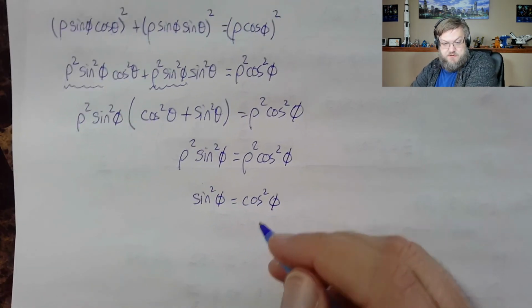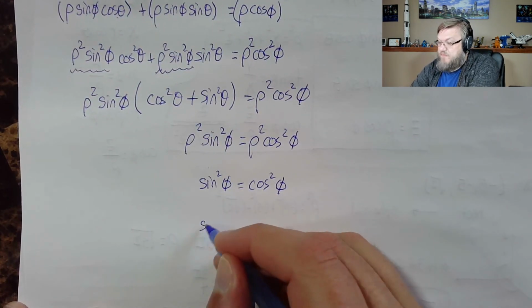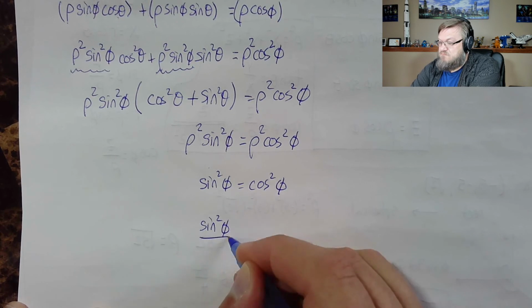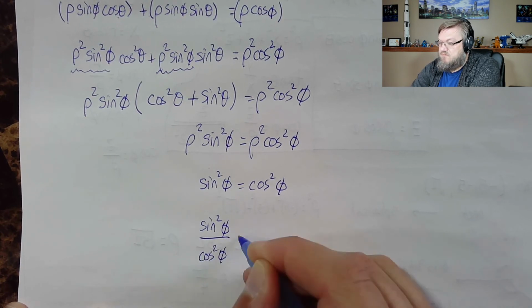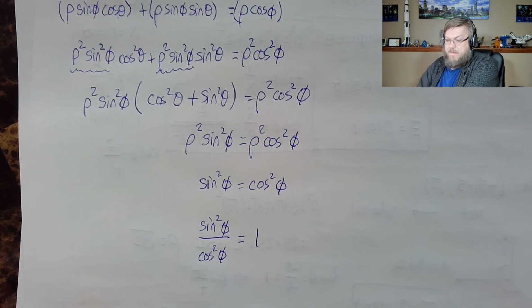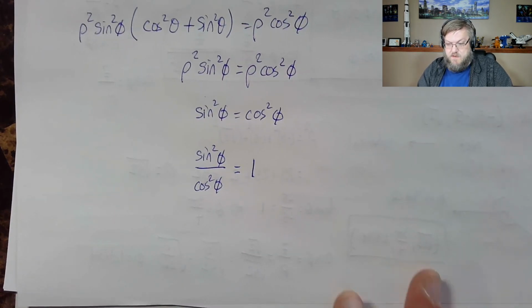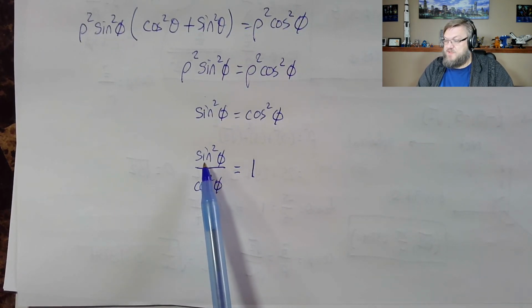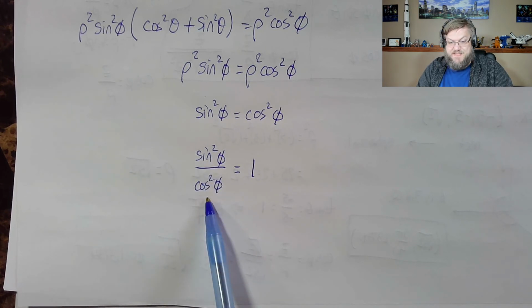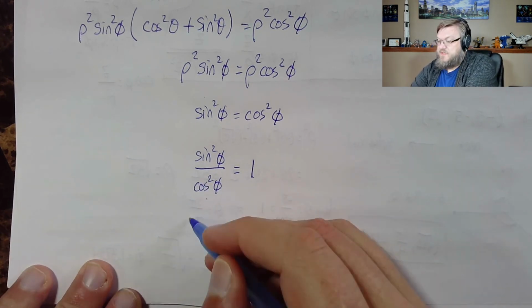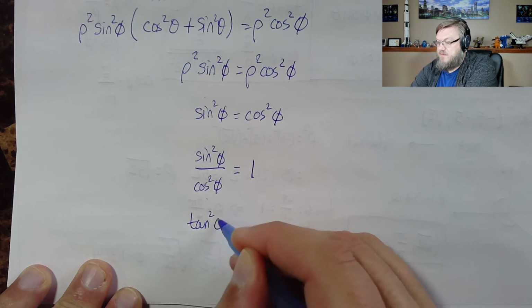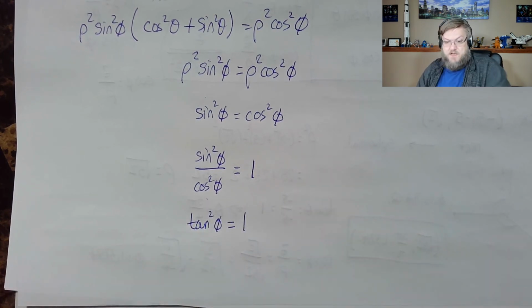So one thing you could do is divide both sides by cosine squared. Cosine squared divided by cosine squared is 1. Sine divided by cosine is tangent. So this is tangent squared phi equals 1.